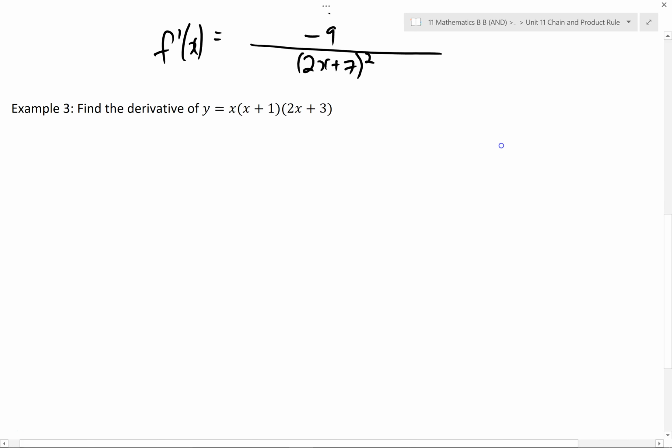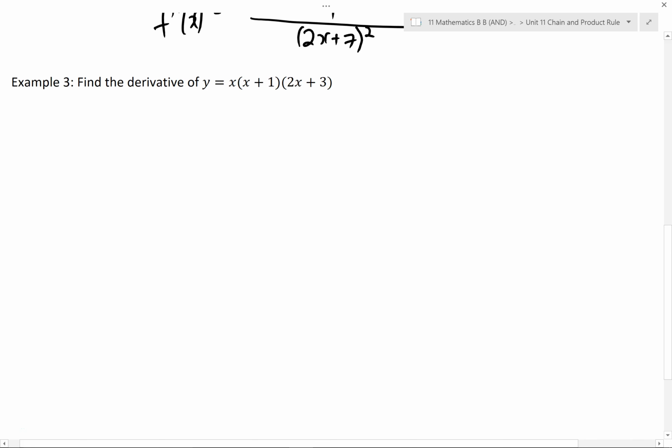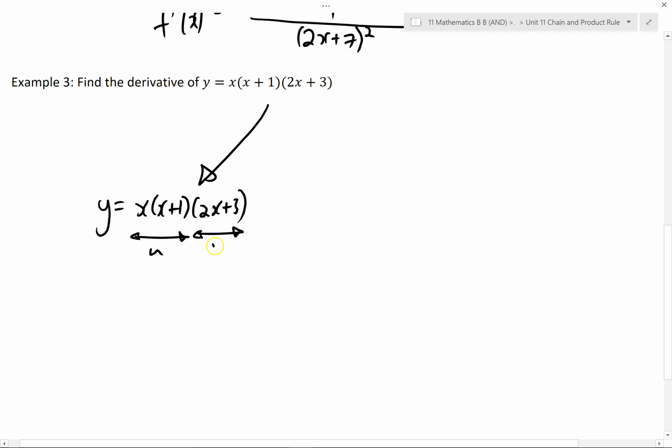Final question. Find the derivative of this one that has 3 terms. So you might be thinking u, v, w. Nah. We've got 2 options. We can either say that this is u and this is v. This is option 1.